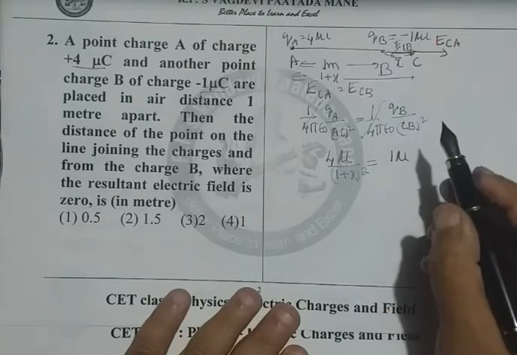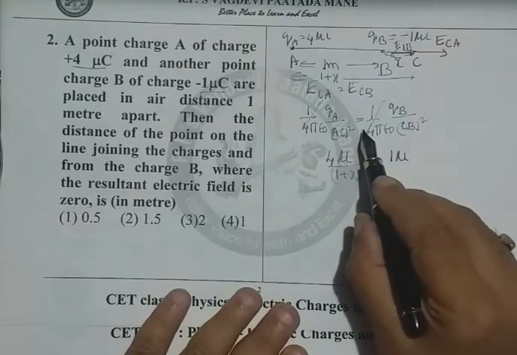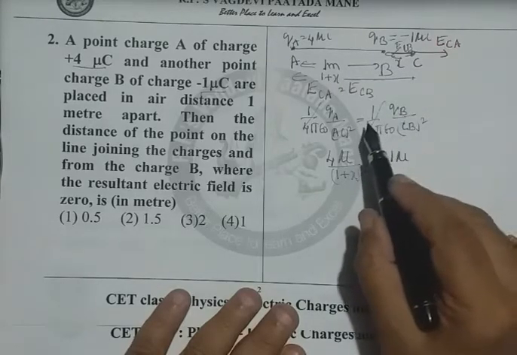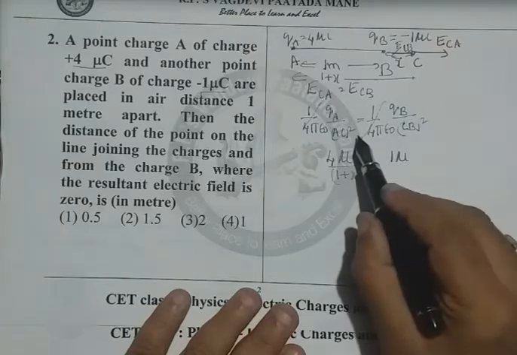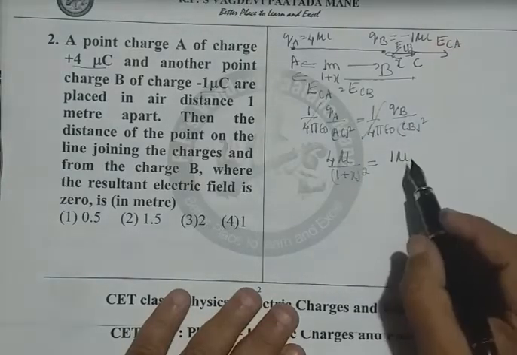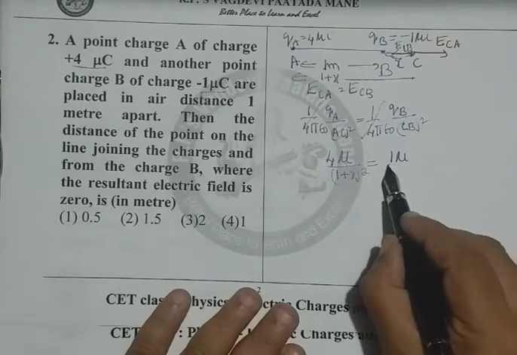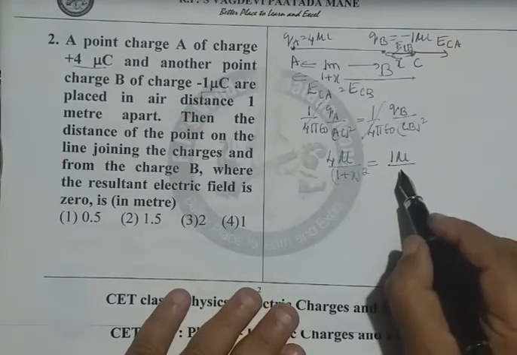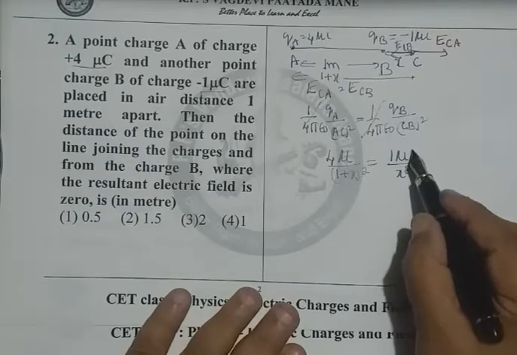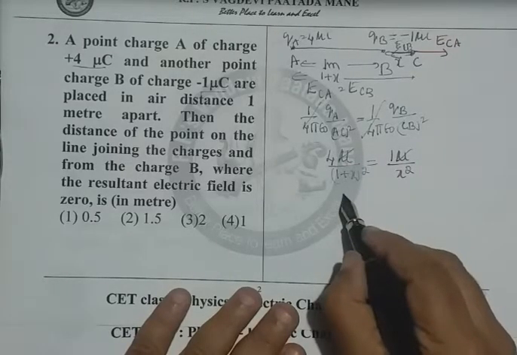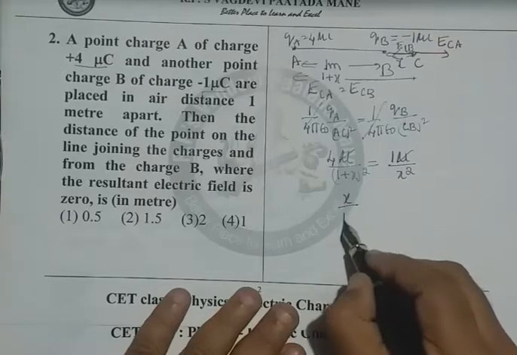Observe, I am not taking the sign of the charge, because the sign of the charge is taken when we write the vector equation. Now we have transferred the vector equation into scalar, so I am not writing the sign of the charge there. Now CB is x square, so cancelling micro there, I can finally simply write x by 1 plus x.